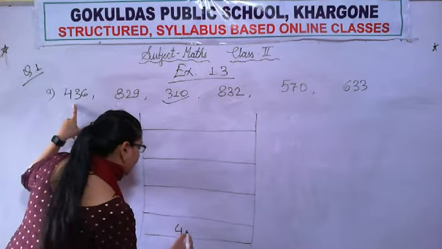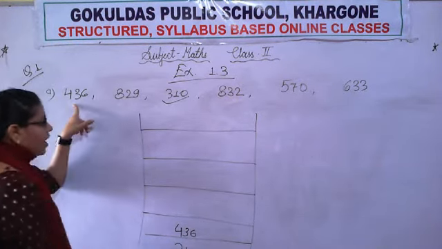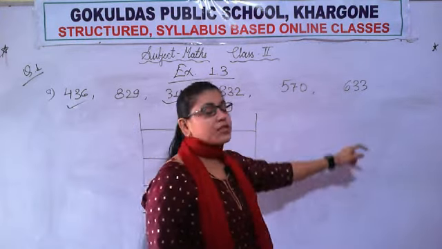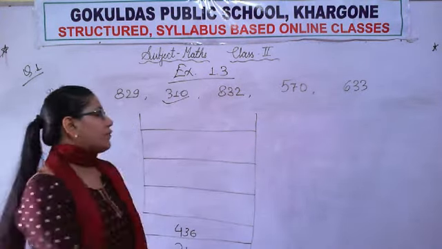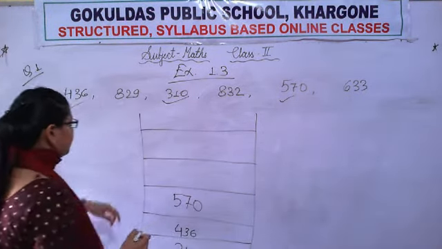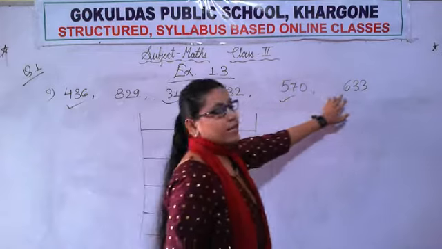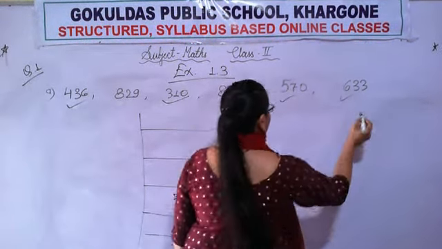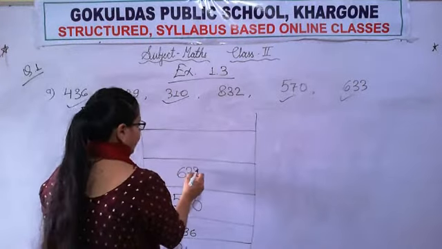So we will write 436 next. Then 8, 8, 5, 6. Which one is smaller? 5. So we will write 570. Now 8, 8, 6. Which one is smaller? 6. So we will write 633.